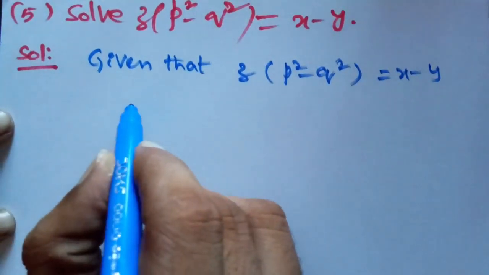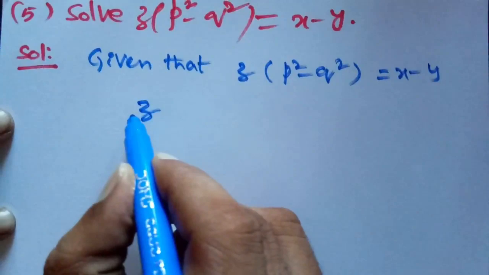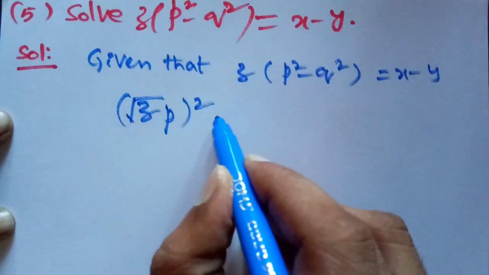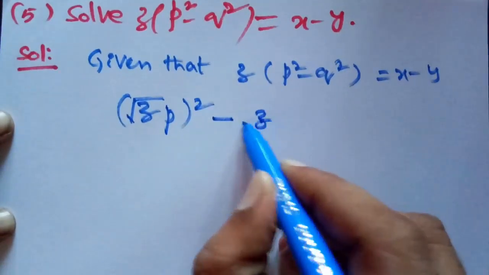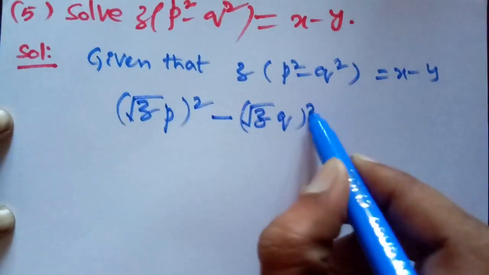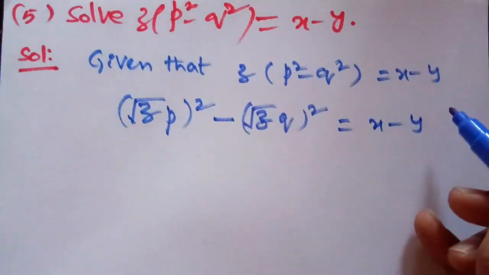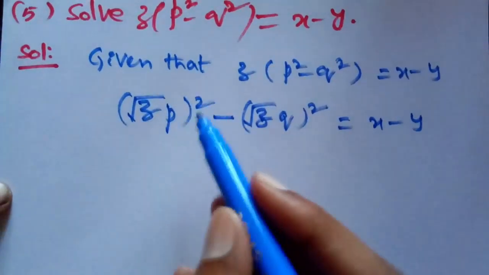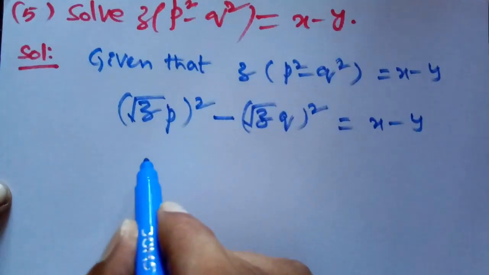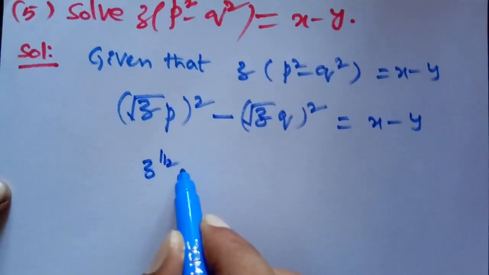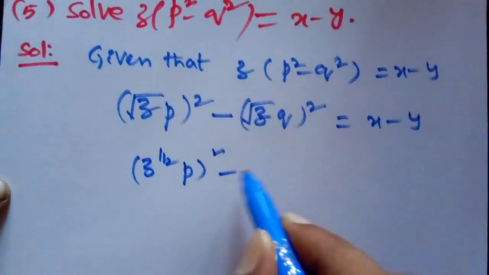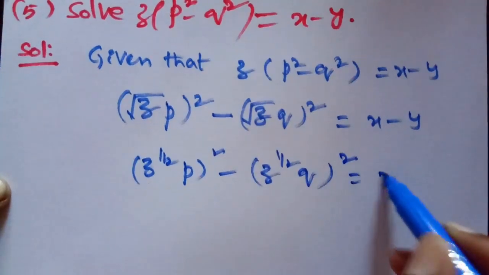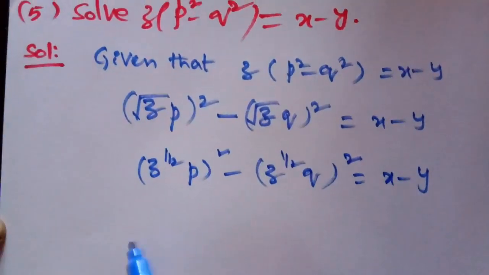Now this can be written as root z into p whole square minus root z into q whole square equal to x minus y. So root z whole square becomes z. Therefore this can be written as z power 1 by 2 into p whole square minus z power 1 by 2 into q whole square is equal to x minus y.